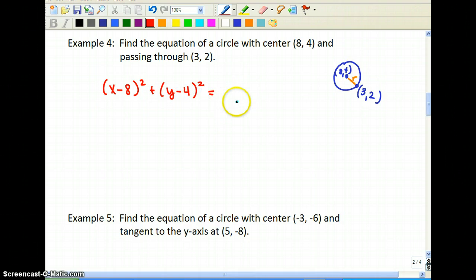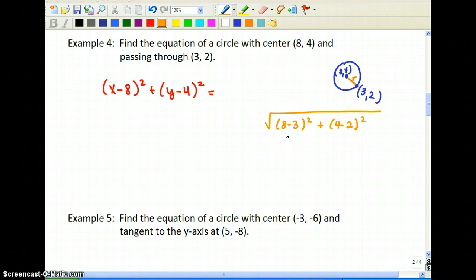What we need to figure out is what r squared is. How would we find r? Again, you want to use the distance formula. So the square root of (8 minus 3) squared plus (4 minus 2) squared. You can see you're going to do the distance formula quite a bit.